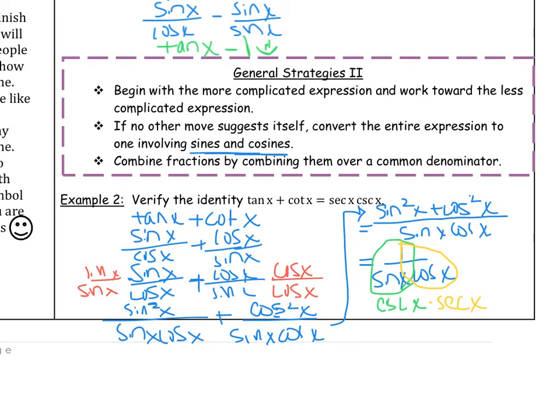And so to make this look just like the right side of my equation, I would just switch order and write that as the secant of x times the cosecant of x. And now I've done it. Yay!